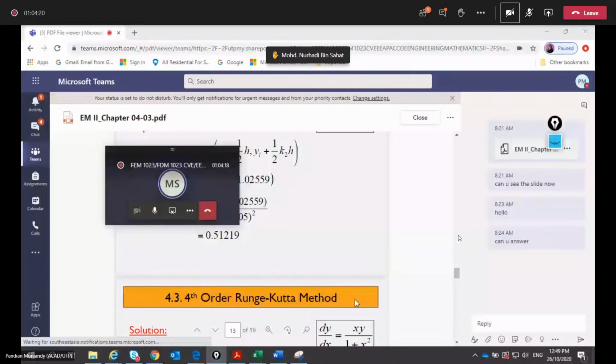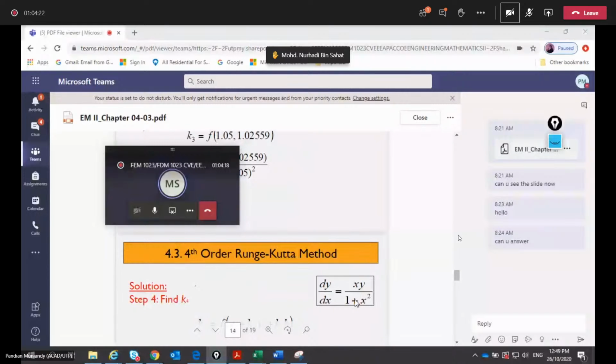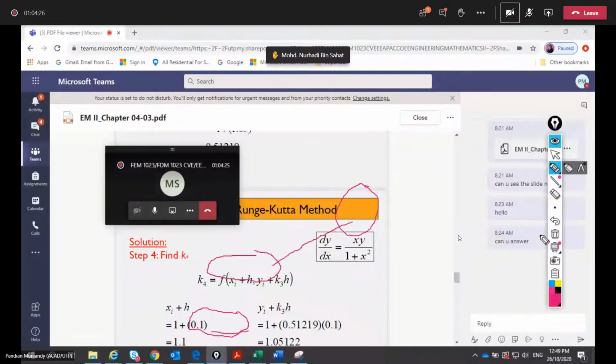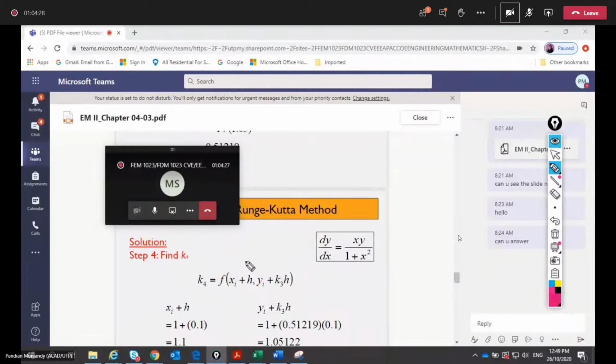Now K4. K4 is totally different. The formula is f(xi plus h, yi plus k3h). So this is your f(x,y).